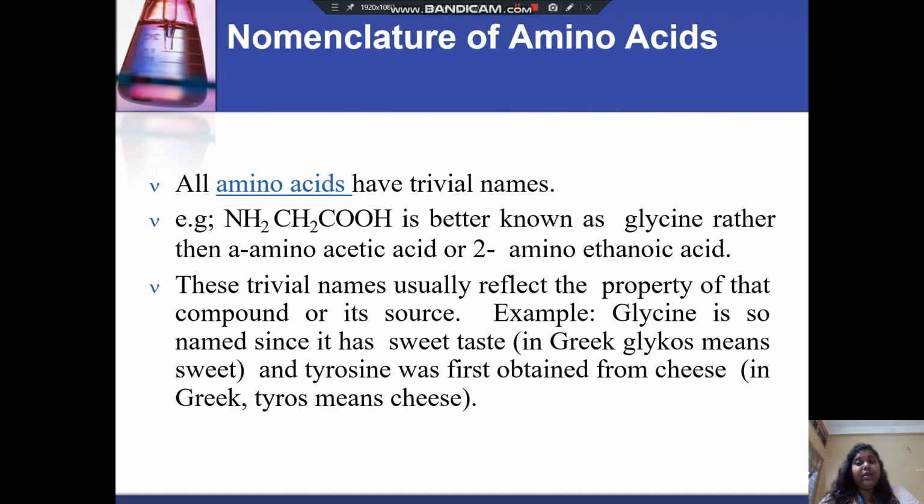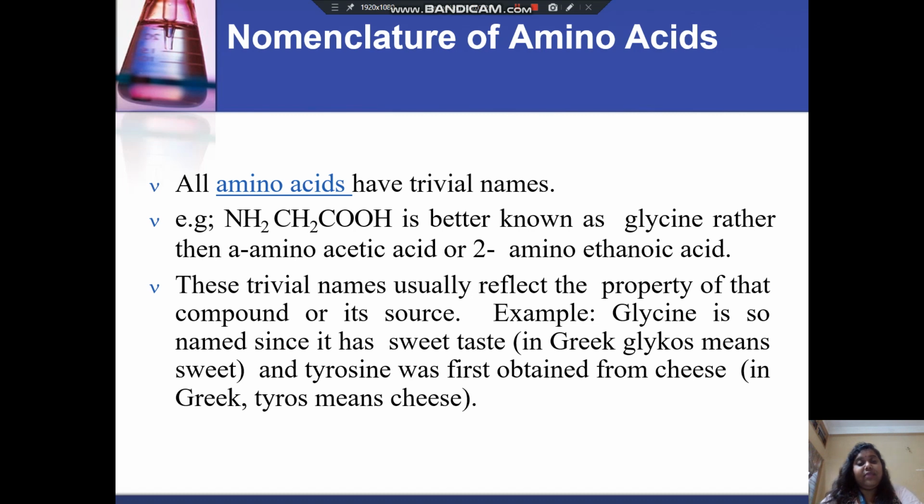Now comes the nomenclature of amino acids. All amino acids have trivial names. For example, NH2-CH2-COOH is better known as glycine, rather than amino acetic acid or 2-amino ethanoic acid.